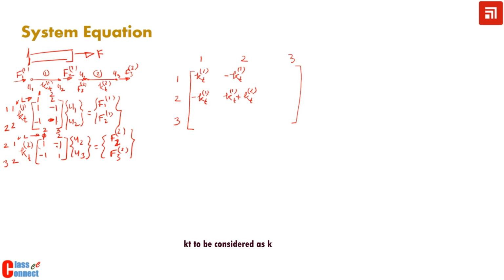Now minus 1 multiplied by k2 at local 1,2 corresponds to global 2,3, so minus k2 goes at 2,3. Then minus 1 should globally go to 3,2, so minus k2 comes there, and finally this k2 goes at 3,3.